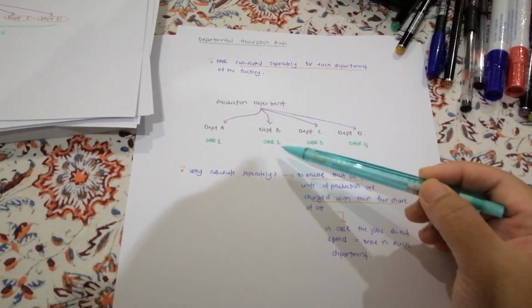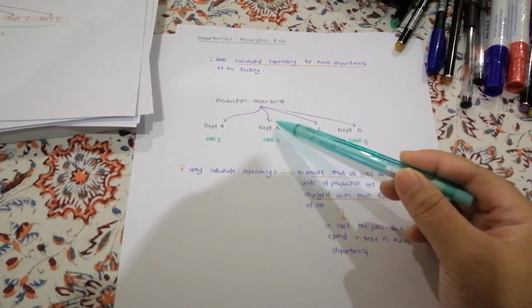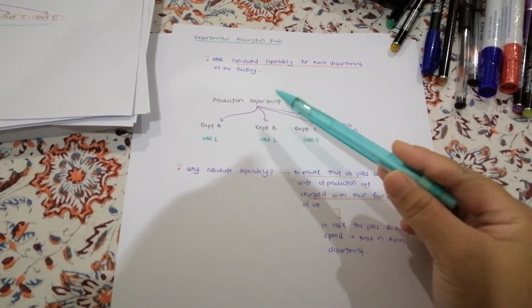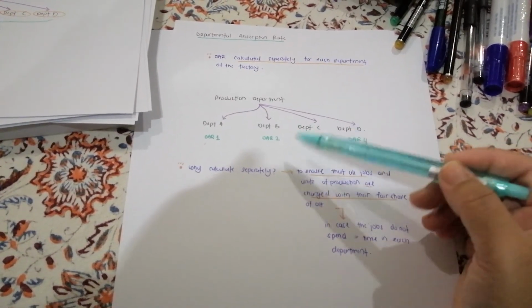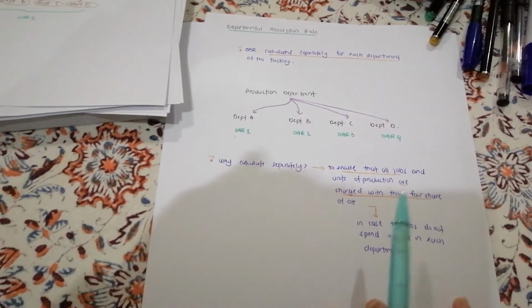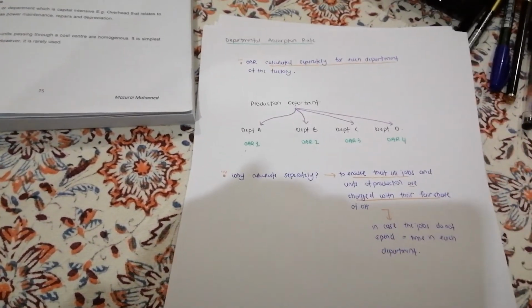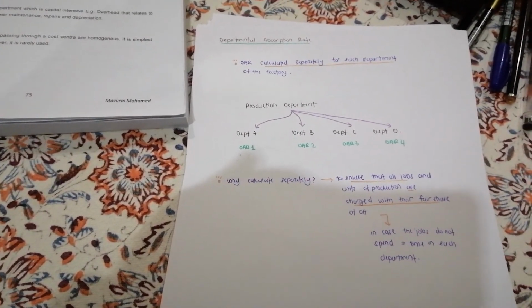Mestilah di allocate based on contohnya time spent dekat department B. So that's why dia kata departmental absorption rate ni is more fair as compared to the blanket rate. Okay, untuk manufacturing overhead secara ringkasnya, itulah dia. Alright, so now we are going to look at the examples, how to calculate it.